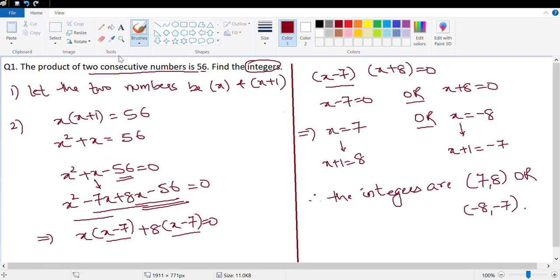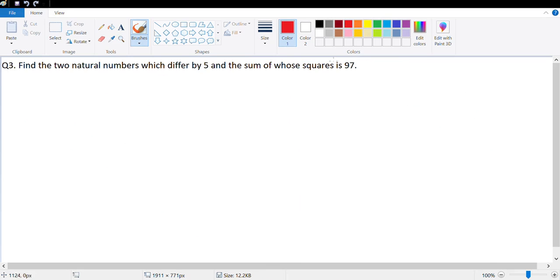The next question that we have is question number 3. Question number 3 says, find the two natural numbers which differ by 5 and the sum of whose squares is 97. So let the first natural number be x.